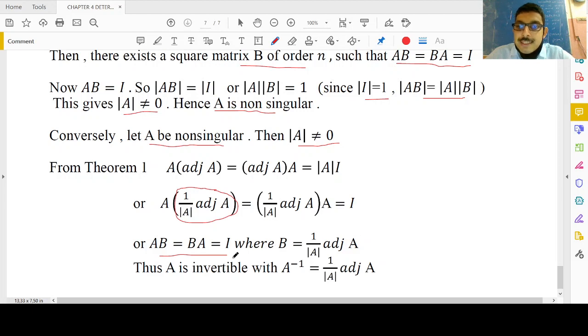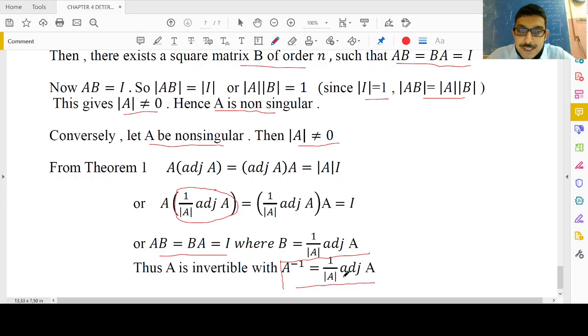So thus we can say that A is invertible, and here A inverse equal to 1 by determinant of A into adjoint of A. So this gives us another way of finding A inverse, that is using A inverse equal to 1 by determinant of A into adjoint of A. This is possible only if determinant of A not equal to 0.